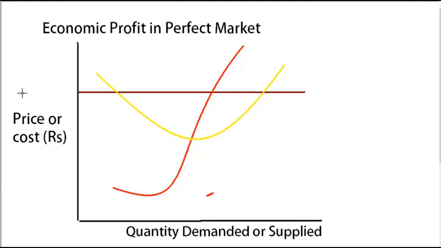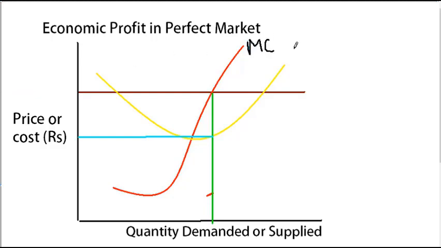This is much clearer with this yellow graph, the average total cost, which will give you a better idea of how the cost is changing. The cost is decreasing to its bottom, and then again it will increase.